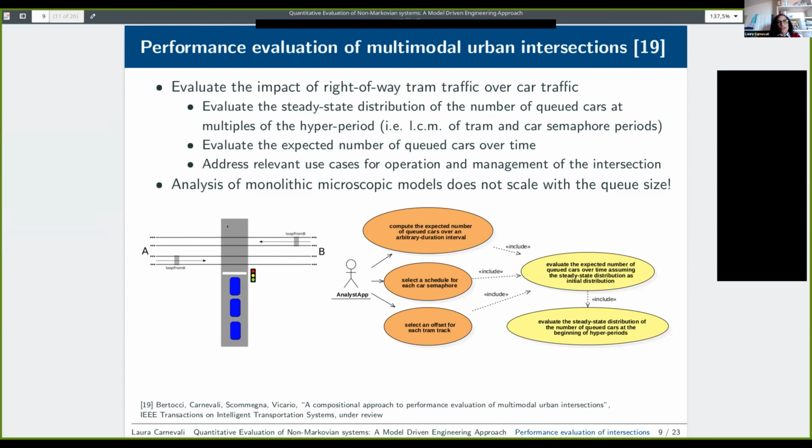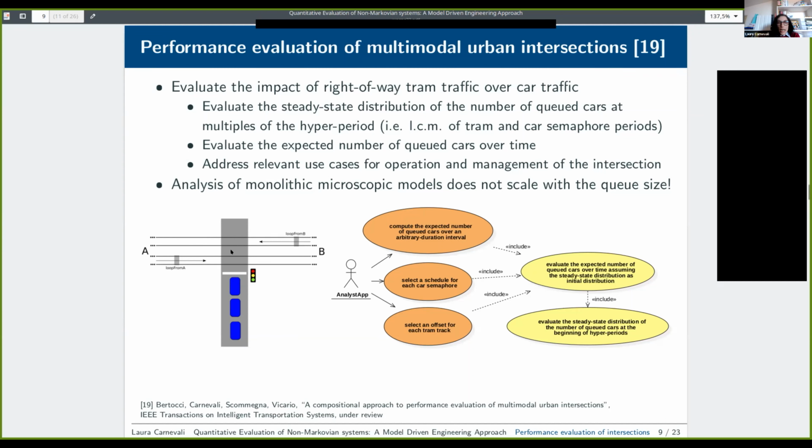And so the objective is to evaluate the impact that tram traffic may have on car traffic. And in particular, we would like to evaluate the expected number of queued cars over time. And we would like to perform the evaluation over intervals having arbitrary duration, so that we can use the approach to perform what-if analysis and also select a convenient schedule for car semaphores, but also a convenient offset for different tram tracks.